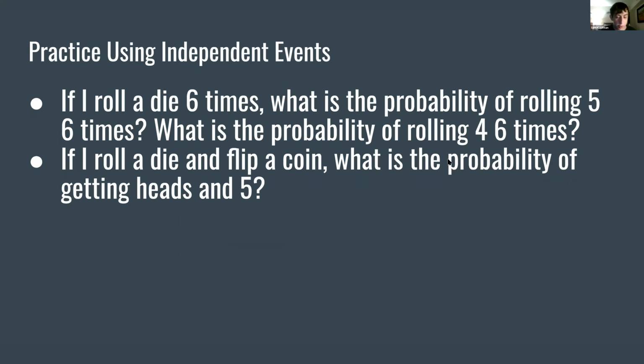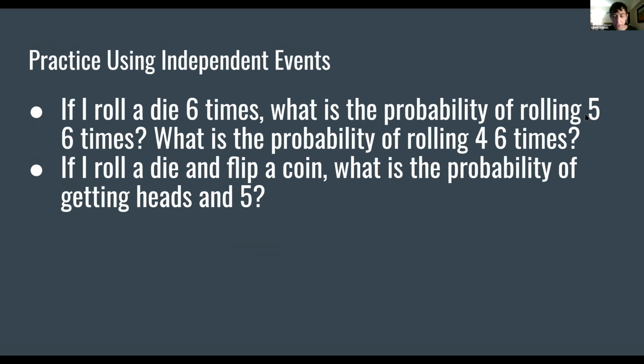All right, so if I roll a die 6 times, what is the probability of rolling a 5 6 times? What is the probability of rolling a 4 6 times? You don't have to calculate the exact answer on this one. You can just leave it as an expression, or you can use a calculator if you want.